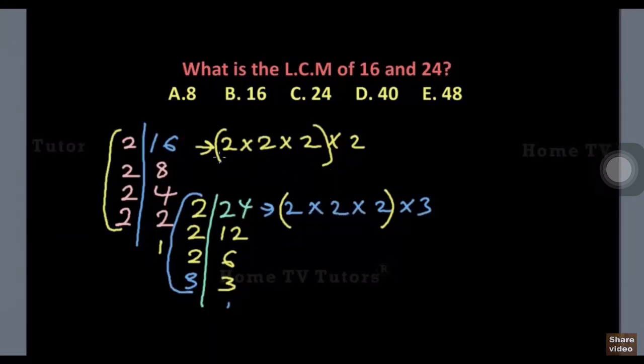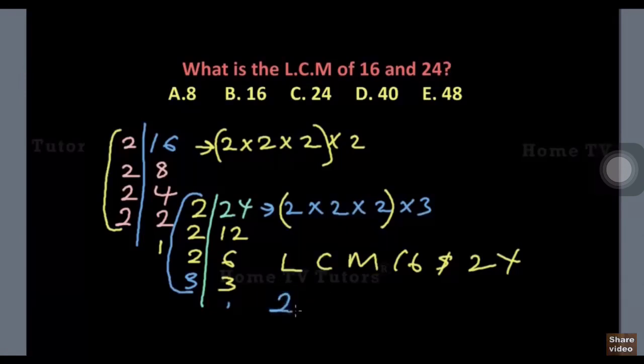Because 3 doesn't appear in the first one, we have to join them together. We have to join the first 4 2's together. That's the factors of 16 and the factors of 24. Because 2 already appeared in the factors of 16 3 times, we don't have to add it 3 times again.